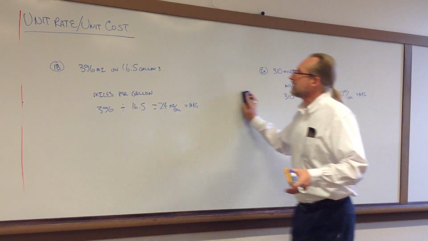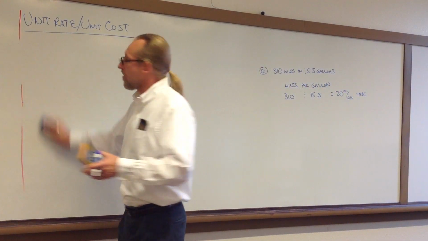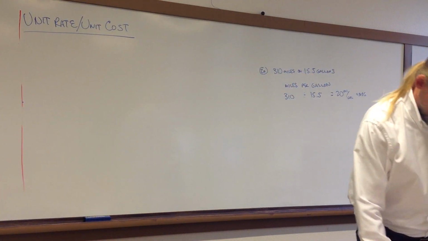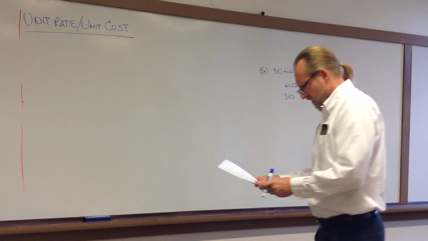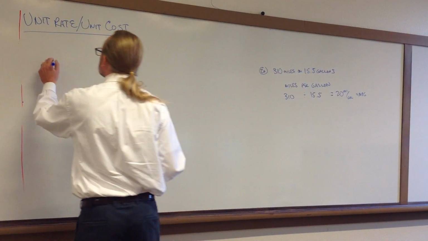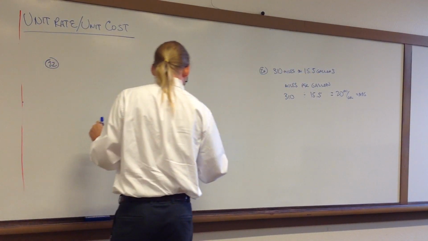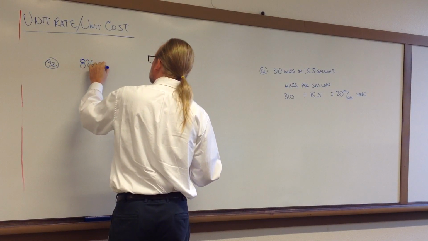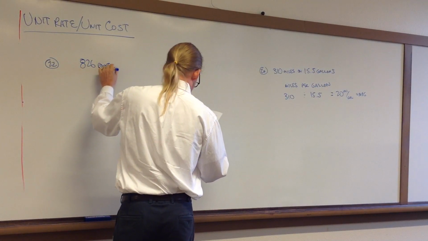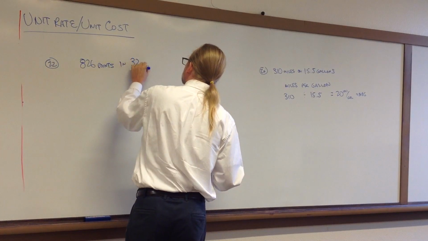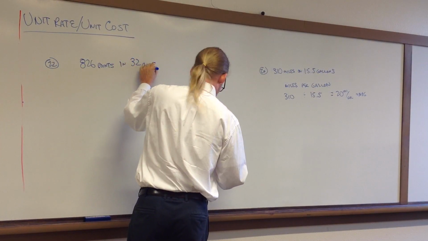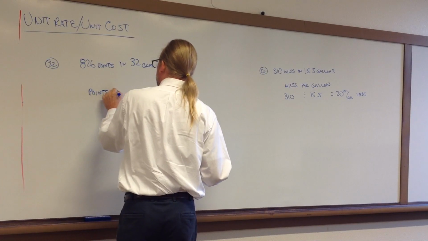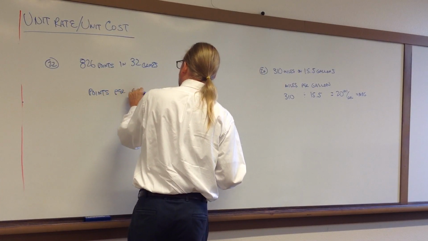All right, let's see here. What else? Problem 22. We've got some NBA statistics. Shaquille O'Neal scored 826 points in 32 games, and we want to calculate points per game.